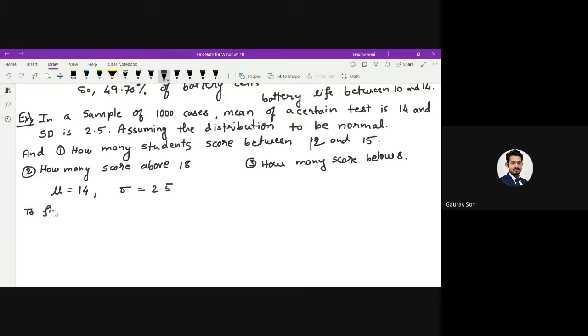To find the probability of the first one, 12 less than x less than 15. Second, x greater than 18. Probability of x less than 8. I will give the required values. I need the final answer from your side.